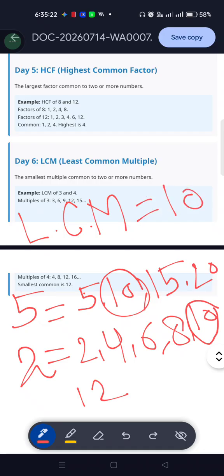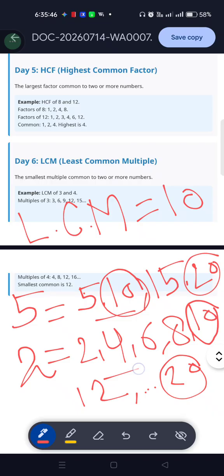After that we will also get 20 here, in the next step, both here and here, but 20 is not the least or the smallest. You will only take the least, which is the smallest common in both numbers' multiples. So 10 is the smallest common, so 10 will be our LCM, the least common multiple.